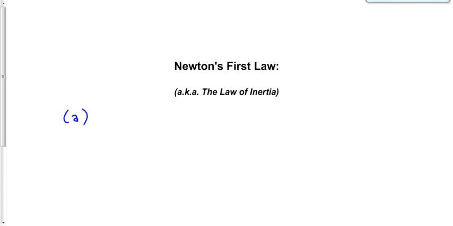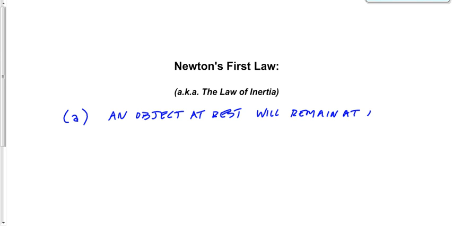The first part of it says an object at rest will remain at rest. Why? Because it has inertia, and it wants to resist a change in motion. If it's at rest, it wants to stay doing what it's doing, which is nothing. It's going to remain at rest until, there might be a point when it starts moving, until acted upon by an unbalanced force.